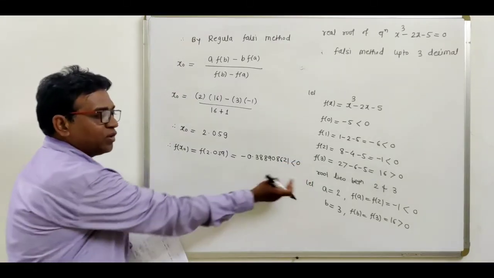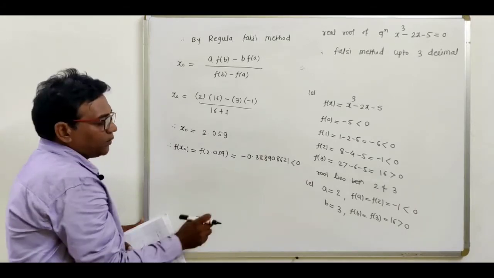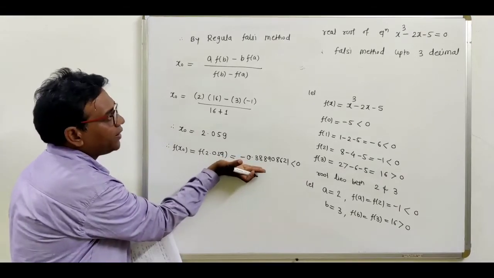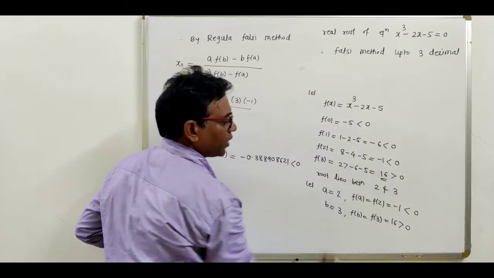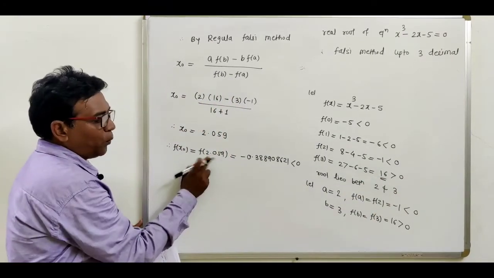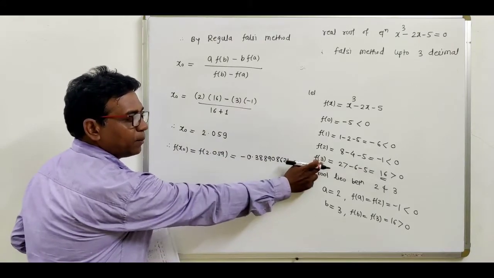So f of x0 is negative. That means the root lies between this negative and the upper positive functional value. So the root lies between 2.059 and this number 3.